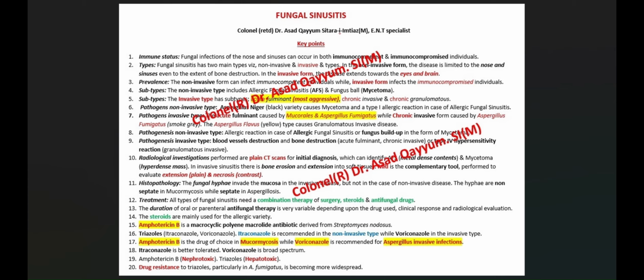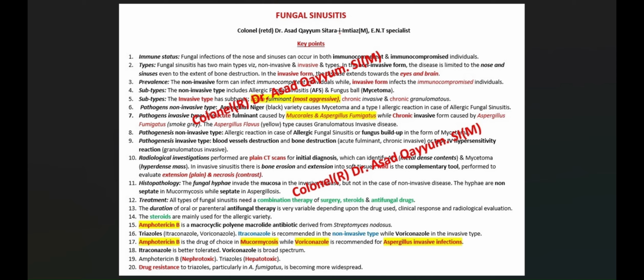One is allergic fungal sinusitis known as AFS, and number two, fungus ball known as mycetoma. Coming towards the subtypes of invasive types, it has got number one, acute fulminant type, which is the most aggressive one, chronic invasive, and thirdly, chronic granulomatous.